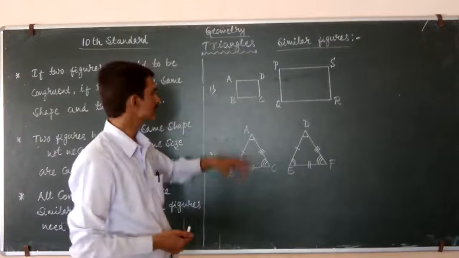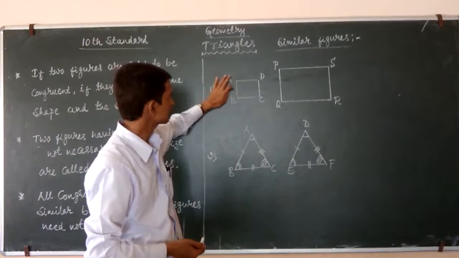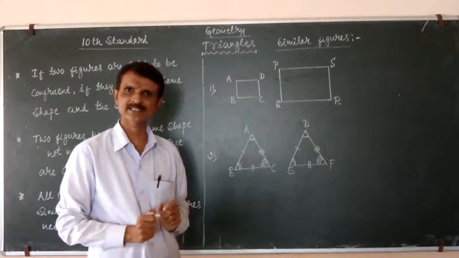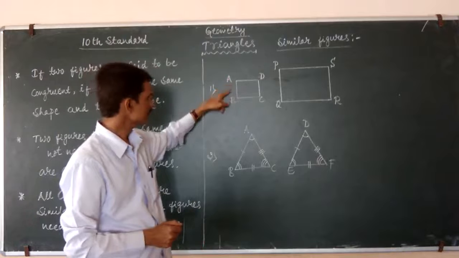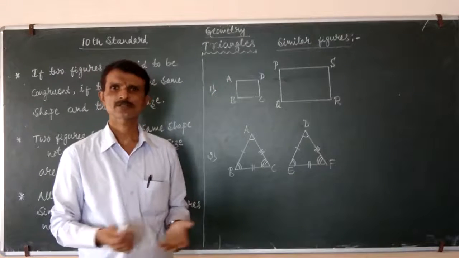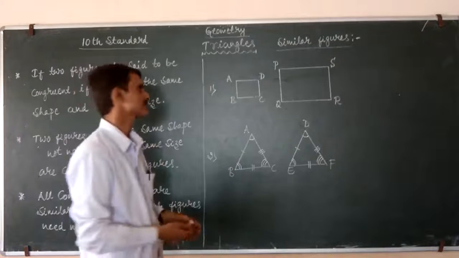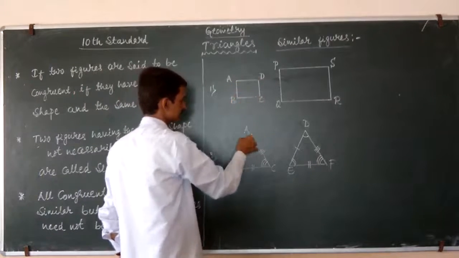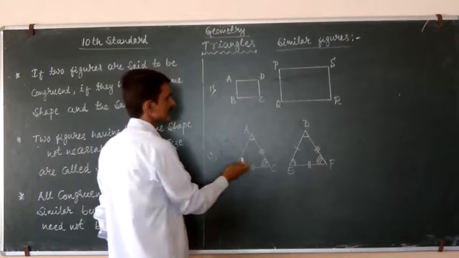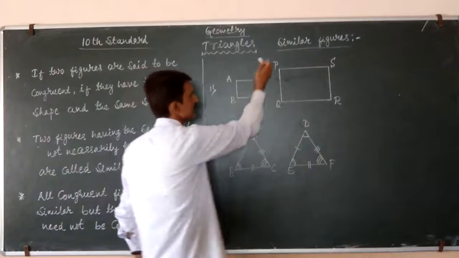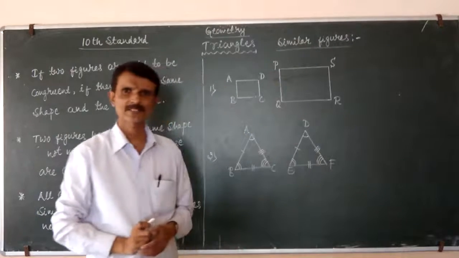If you observe this rectangle ABCD and the triangle ABC, can you call these two similar figures? No, students, because this is a rectangular shape and this is a triangular shape. Therefore, we cannot call these two similar figures.